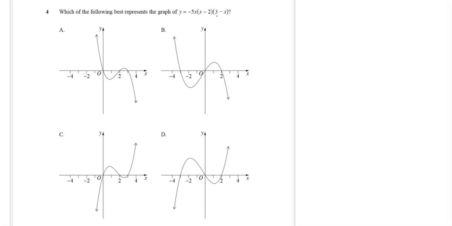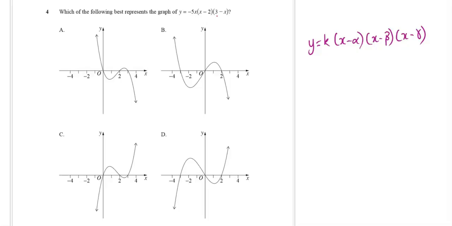Question 4. Which of the following best represents the graph of y equals minus 5x(x minus 2)(3 minus x)? Pause here to try yourself. With an expression like this, I would really rather see it in the form of (x minus alpha)(x minus beta)(x minus gamma), because then I would know that the roots are at alpha, beta, gamma.